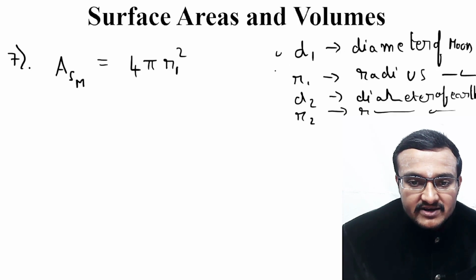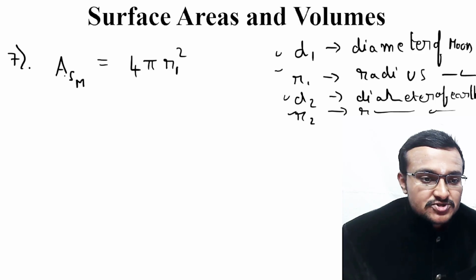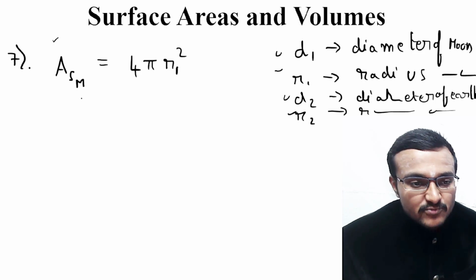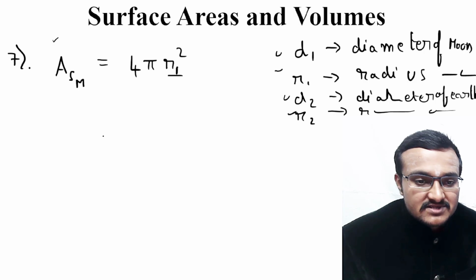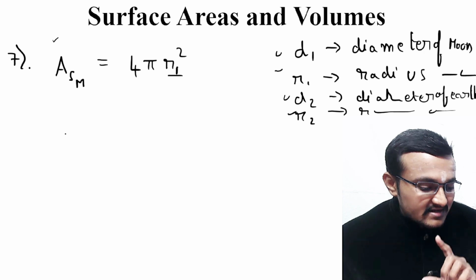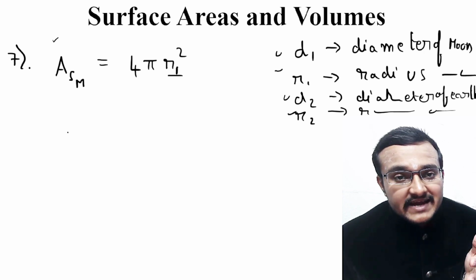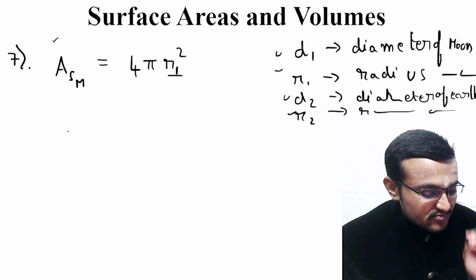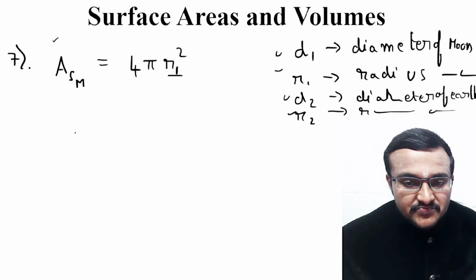So now we have d1, r1, d2, r2. To find the surface area of the moon, you have to consider r1 square. They have given that the diameter of earth is 4 times the diameter of the moon, or the diameter of the moon is 1/4 the diameter of earth.